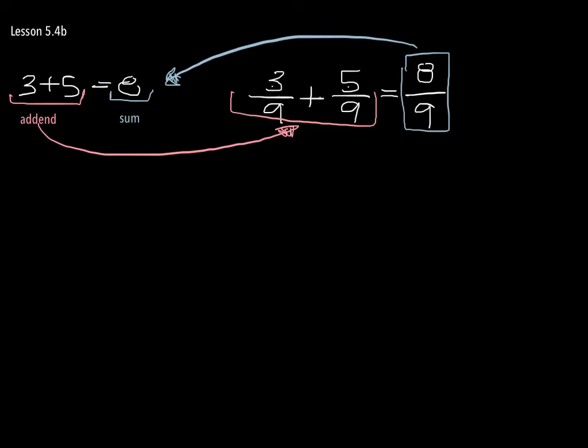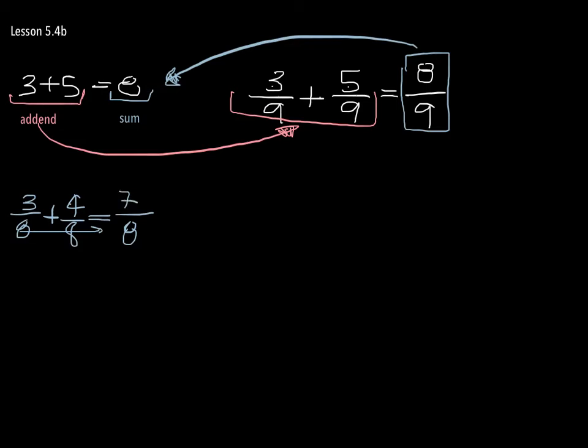Now let's look at a few problems, and some of this is going to be a review from yesterday. But this is something that I want you to know. So if I have 3/8 plus 4/8, remember, we keep our language the same, and we just transfer that over, and then we add our numerators. 3 plus 4 is 7.